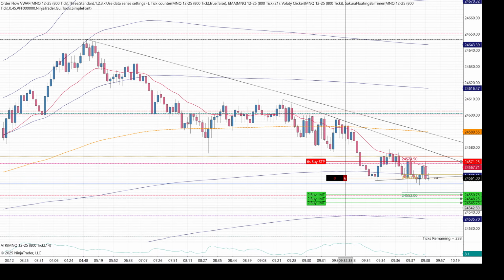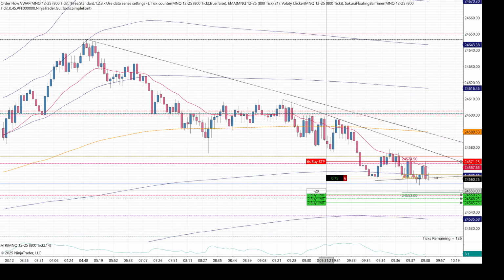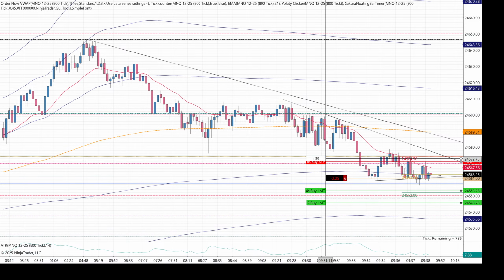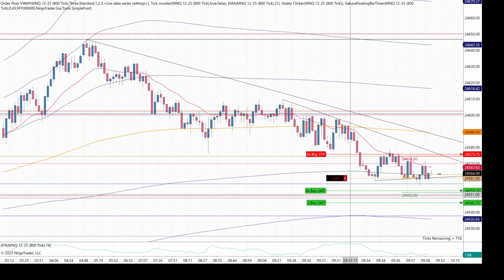I think I might actually go for it now. It's showing enough bearish. But my stop loss is up here. 50% pullback, nice.